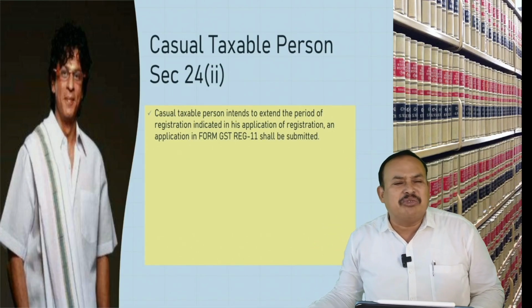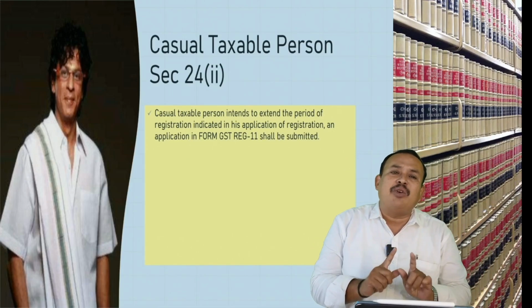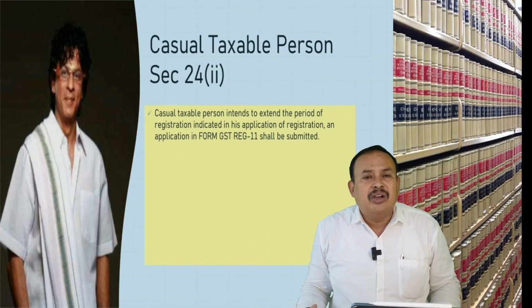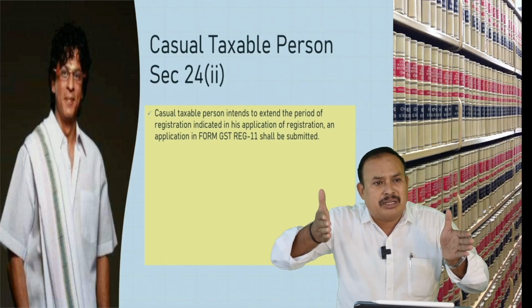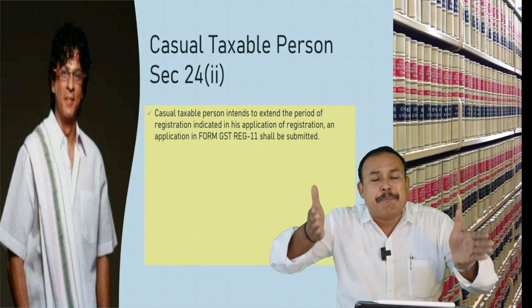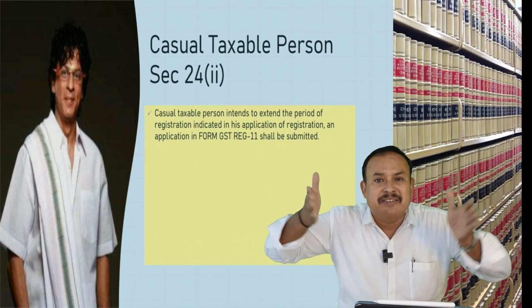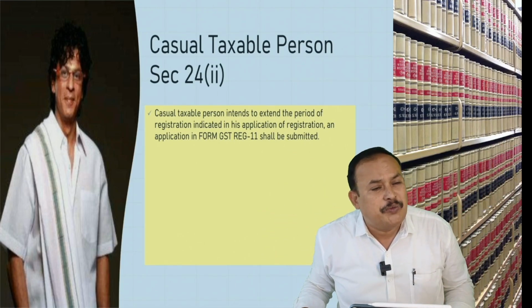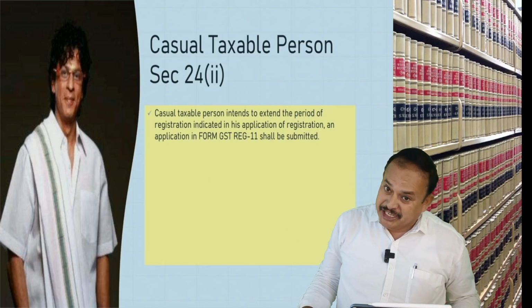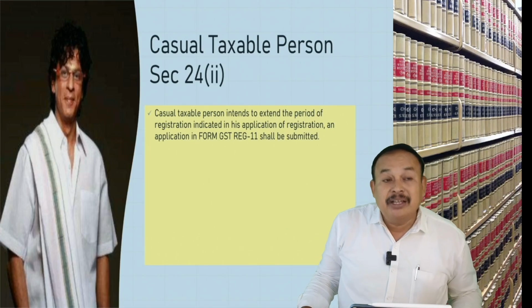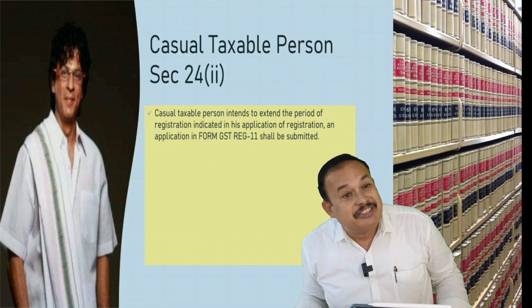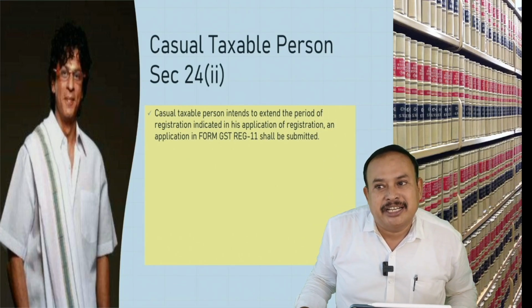From this, what you understand is that for a casual taxable person, the first lot is 90 days, or the period for which he sought registration, whichever is earlier. For example, he sought registration for 140 days or 90 days, whichever is earlier: 90 days.